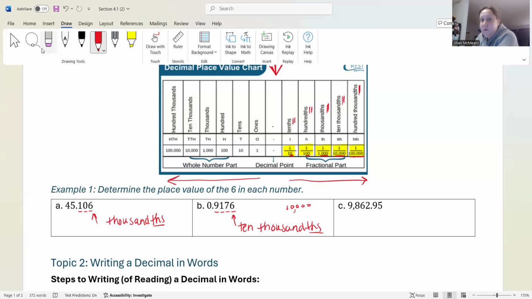And then finally, for part C, we have to be really, really careful. We have 9,862.95. The 6 is actually in a whole number place value. Remember, before the decimal point, we don't start with tens, we start with ones. So we go ones and then tens, hundreds, thousands, and so forth. So this is in the tens place. Just be really mindful of whether you're before or after the decimal point.